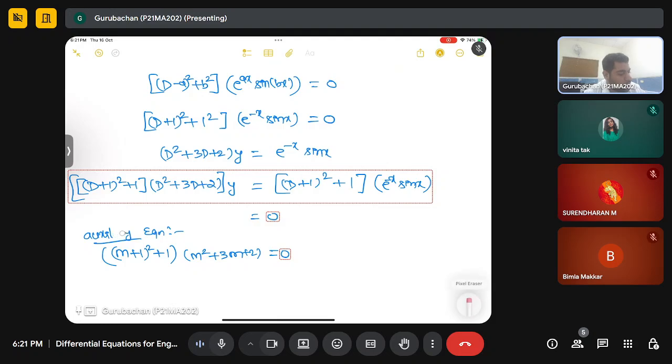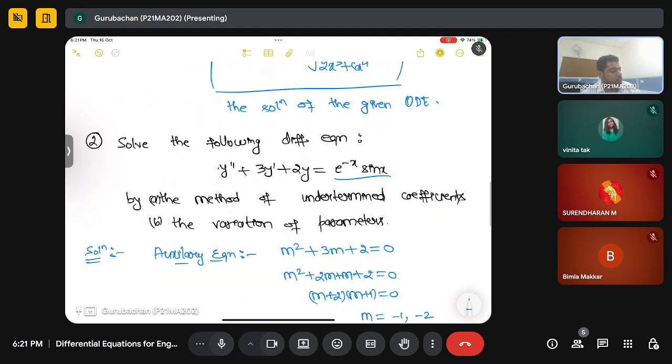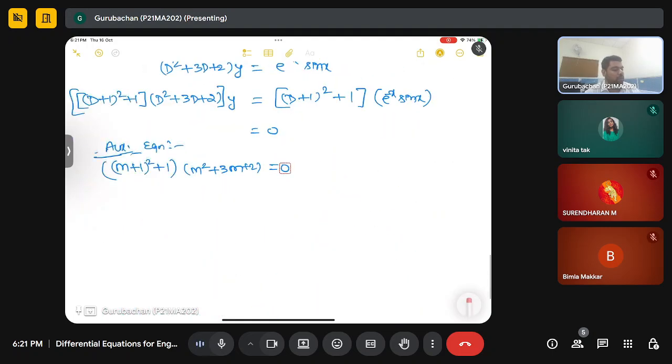I think the auxiliary equation contains both; I'm not sure, I'm just writing in short. So from here, the values of m will be minus 1, minus 2, and minus 1 plus iota and minus 1 minus iota. These two values are already included in the given solution.